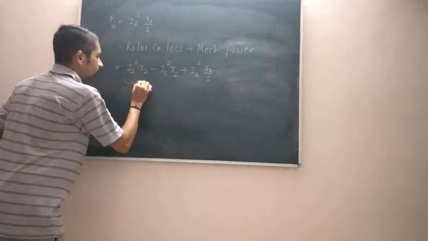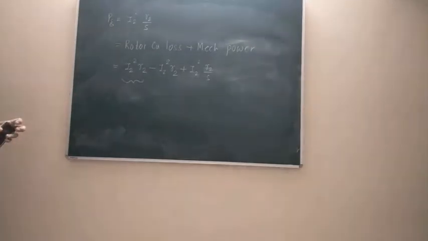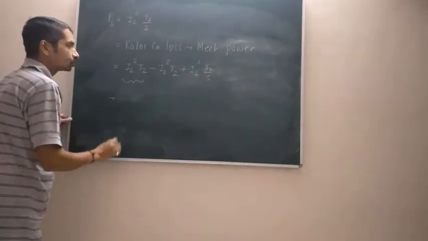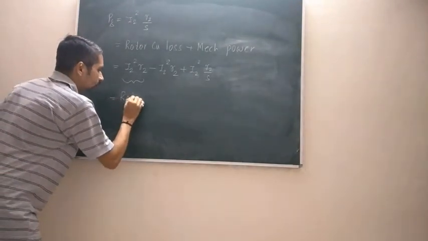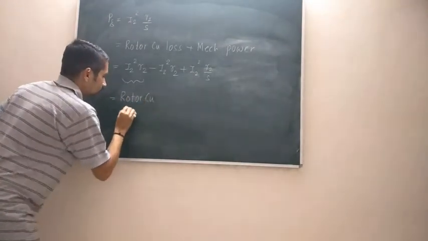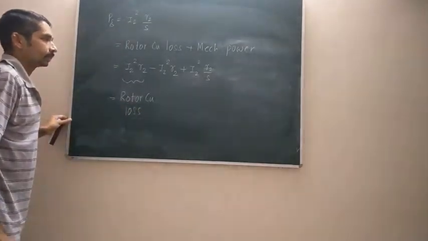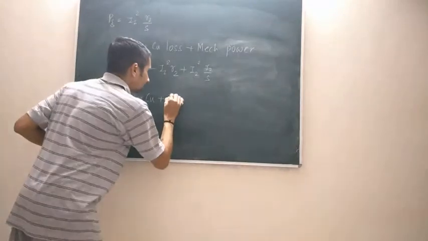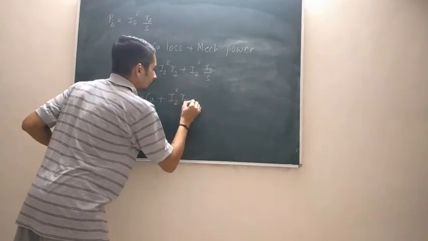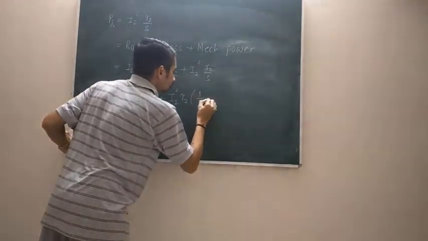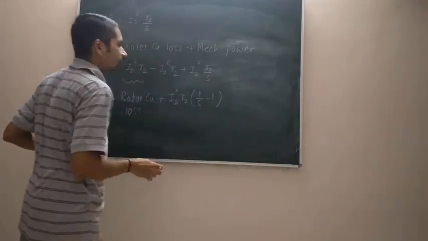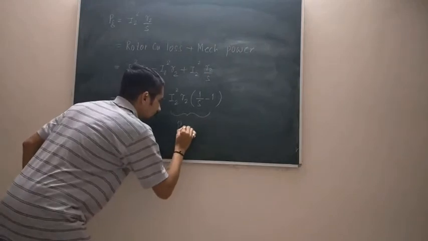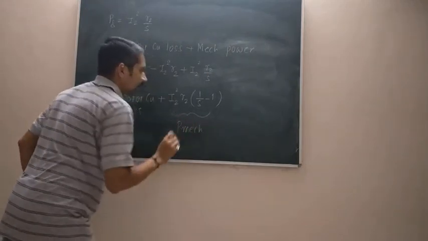Now what is this? This is the generalized expression for copper loss in any electrical system. Right now I2 square R2 will give me the rotor copper loss, and the remaining two terms I can write down as I2 square R2 into (1 upon S minus 1). So this is the expression for my mechanical power.